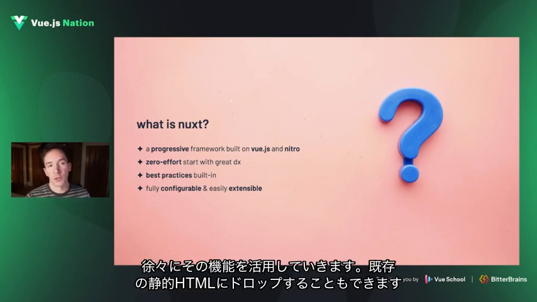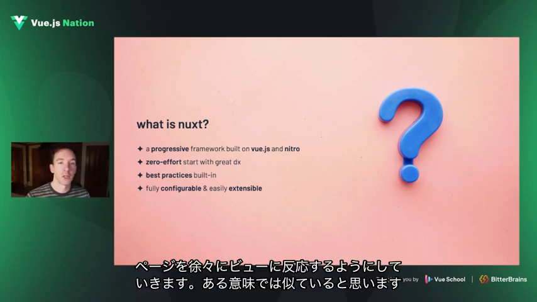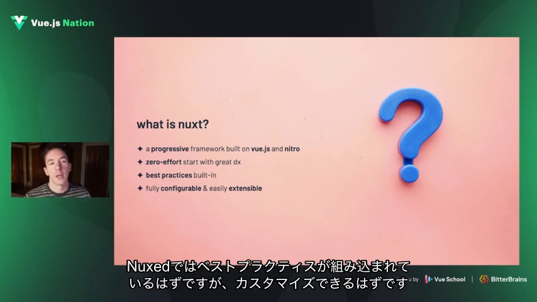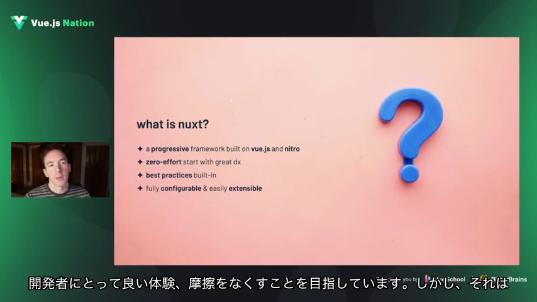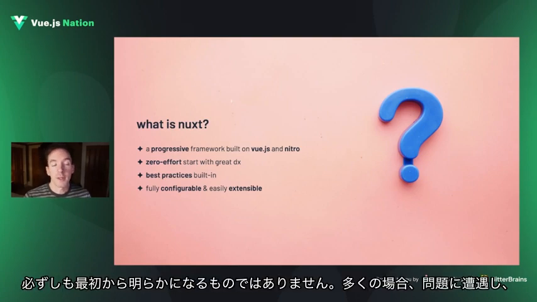So you could drop it into an existing static HTML page and then gradually start making it reactive with Vue. Now, it's similar, I guess, in a way with Nuxt, in that you should have best practice built in, but then you should be able to customize and make the choices that you need to make for your particular project. And so that's very much something that we aim for, the good developer experience, getting rid of friction. But I should say it's also not something that is always obvious up front.